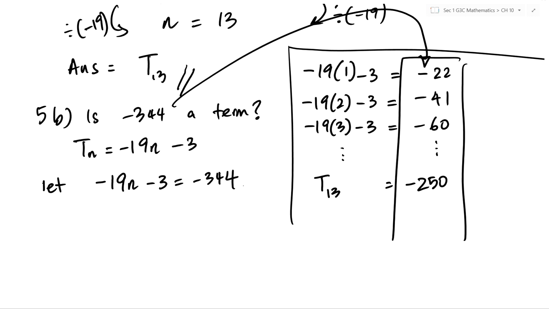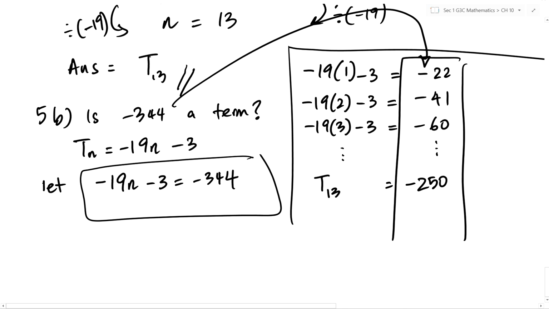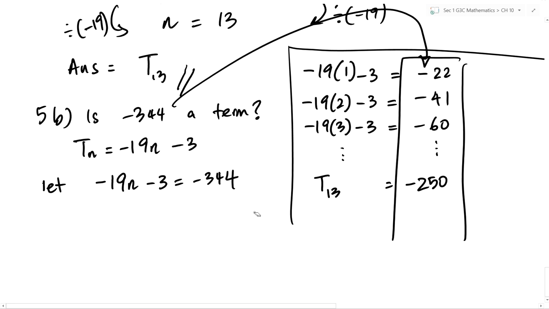What do you think I should be doing next? What can I do next from this step? There's only one thing you can do. Plus 3. Basically to solve for n, right? We are trying to find out which term is it. Okay, let's see what happens. Negative 19n equals negative 341. I added 3 to both sides.